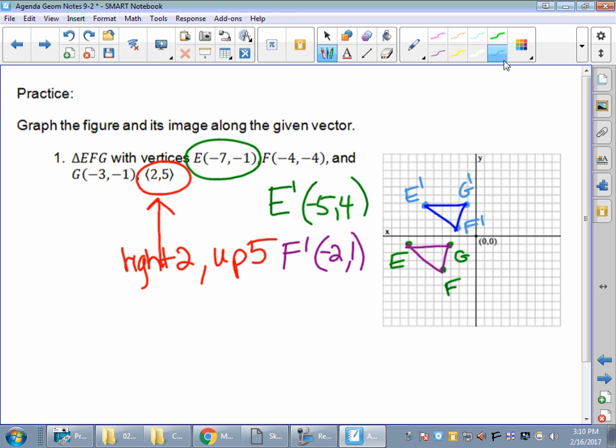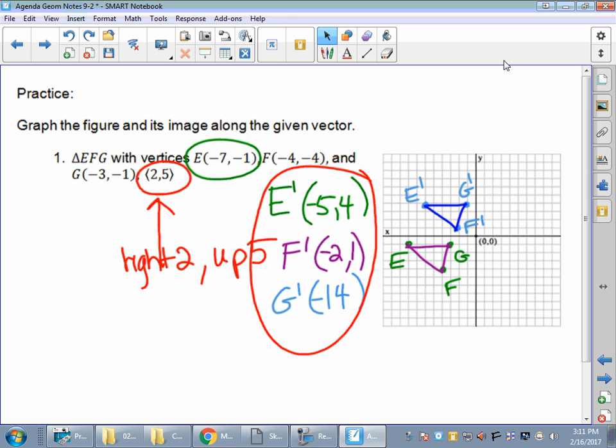And G prime should be at -1, 4. Got confused for a second. So one way or the other, I'll probably ask you to write me out the image ordered pairs as well as graph that. Notice my image and my preimage are congruent figures if I did a good job drawing them, because this is a congruence transformation.